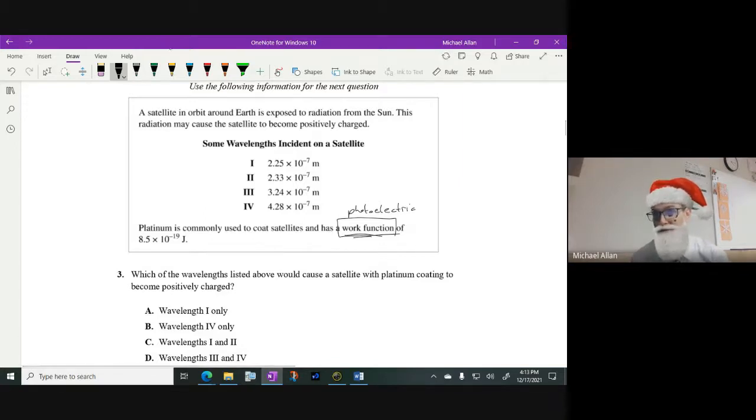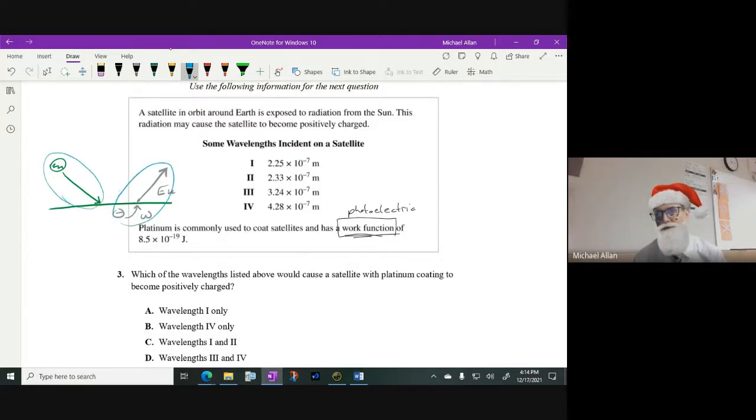How the photoelectric effect works is the energy in from the photon is going to strike an electron. The electron is going to take some of the energy to try to dig itself out. That's W. And if it has any additional energy, off it goes in the form of kinetic energy. These 2 things add up to the energy over here. But the goal is to cause the photoelectric effect.